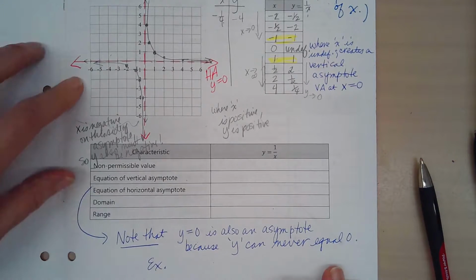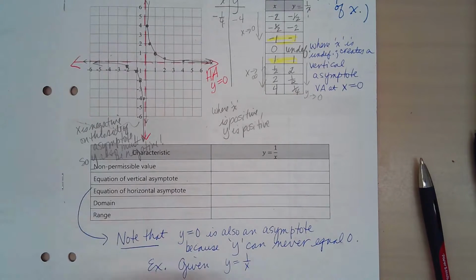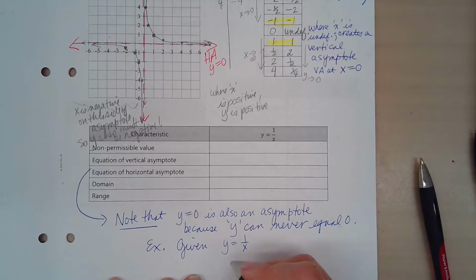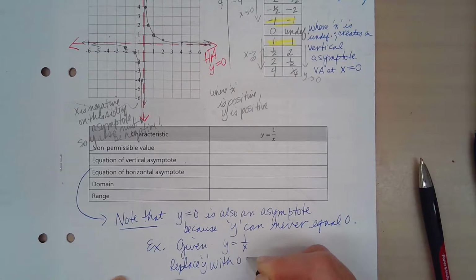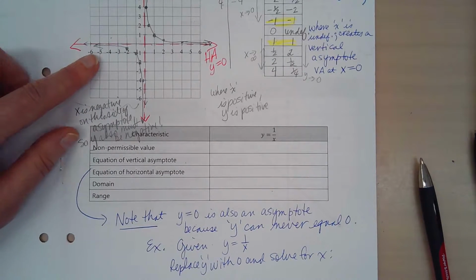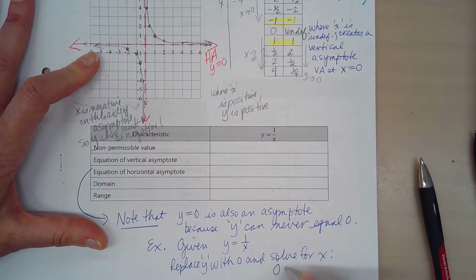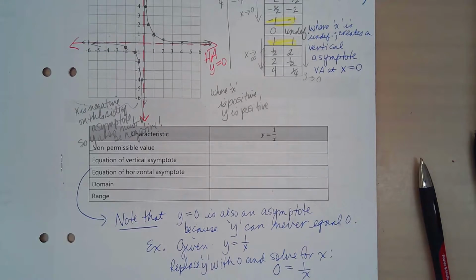Example, well, let's put a 0 in for y. Given y equals 1 over x, let's replace the y with 0 and solve for x. Like I'm trying to prove to you there's no x-intercept, right? There can't be if this is an asymptote. So what happens is I put a 0 in for y and I try and solve for x, okay?